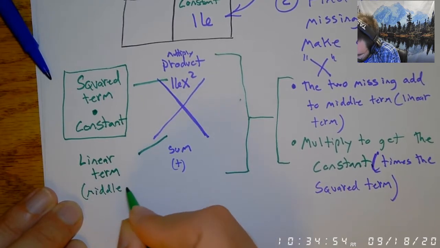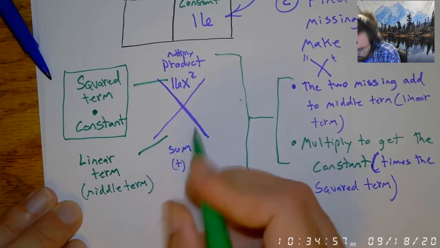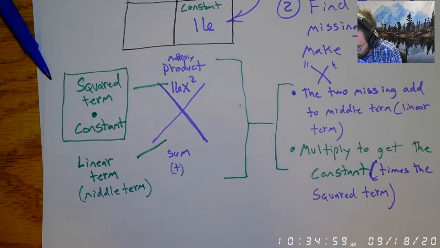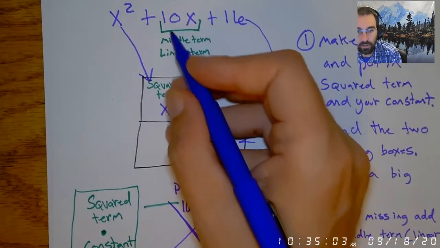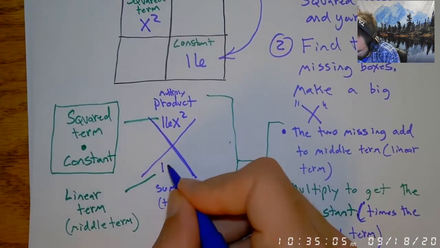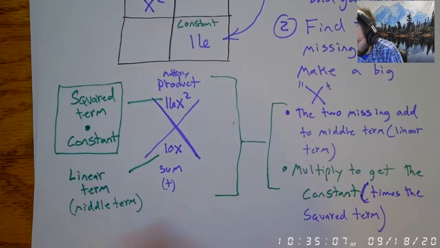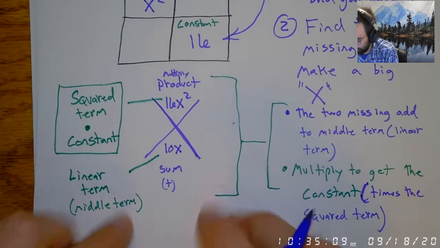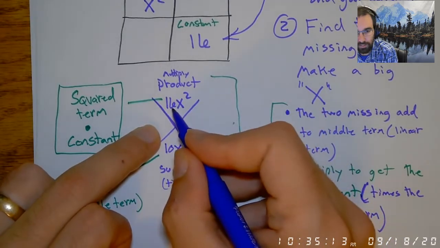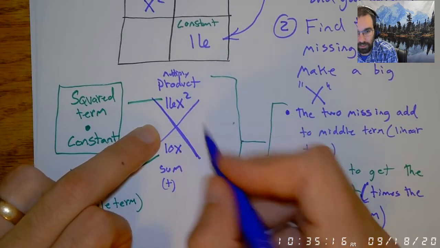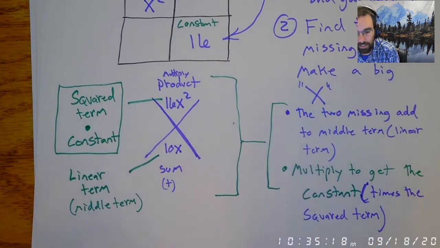Okay, so what's our middle term? Our middle term is 10x. Okay, so this is the game. We have to find two numbers that multiply to 16x squared and add to 10x.